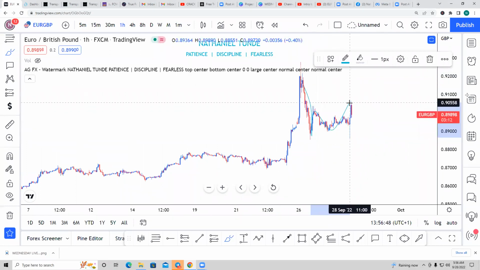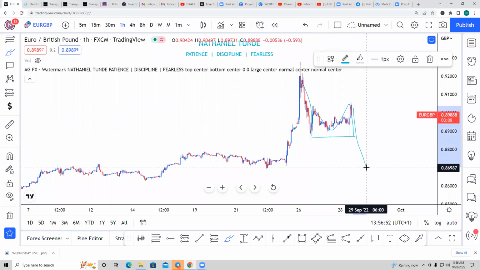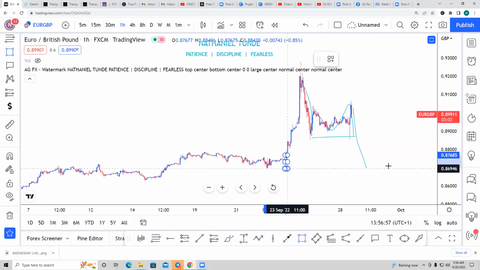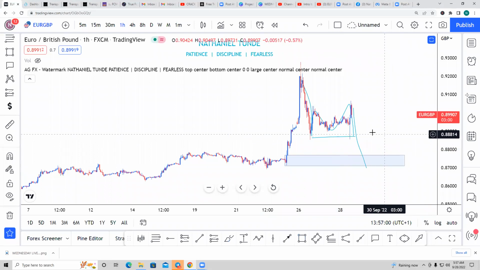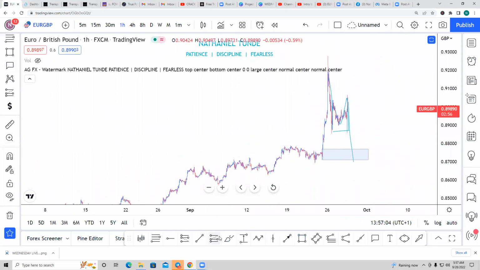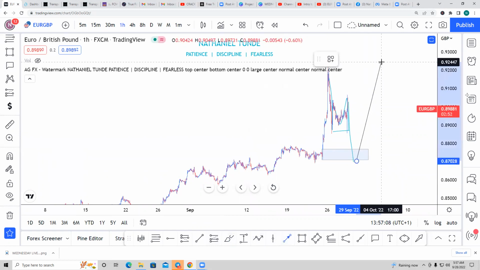So you see this three-wave structure with this equal low must come down this way. Most likely it will respect this level. All right, then from there you can have a move to the upside.